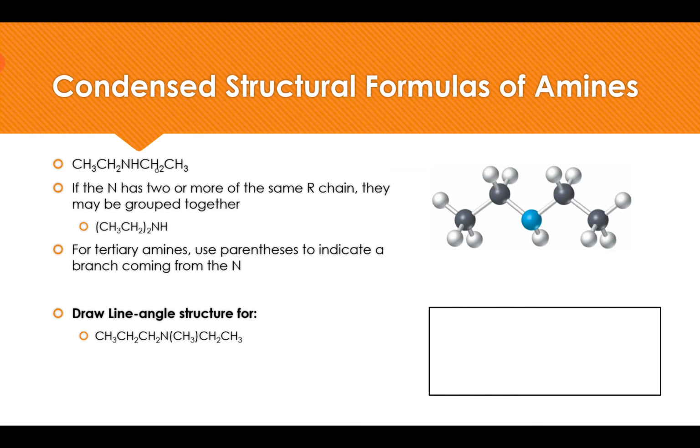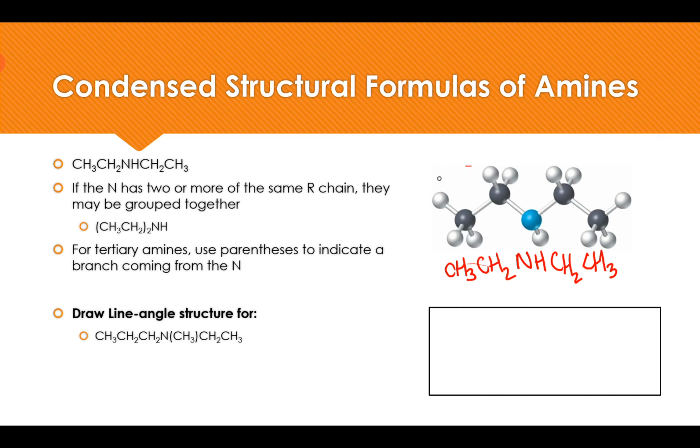Let's draw our condensed structural formulas. So here, we can see that this molecule has a CH3 group. It has a CH2 group. This is an NH group. This is a CH2 and a CH3. So this molecule can be represented like this.